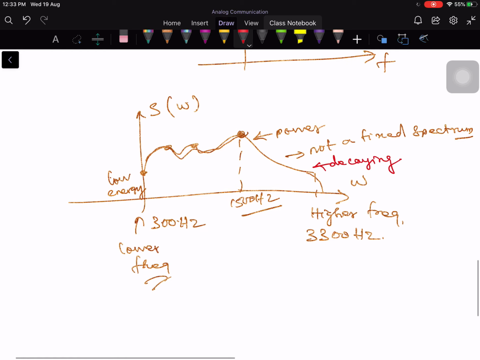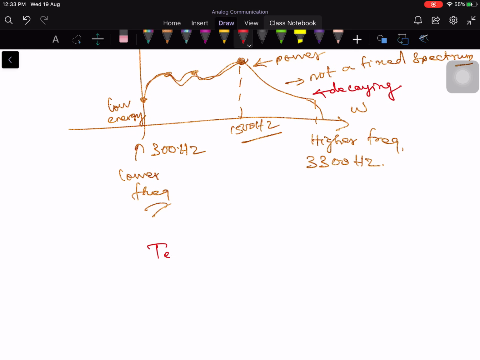For telephonic communication, researchers have done enormous research on this, and it is found that if you concentrate on the energy between 300 hertz and about 3300 hertz, you can capture most of the intelligence as well as the essence of the speech.